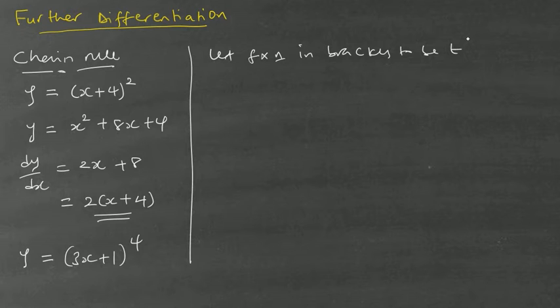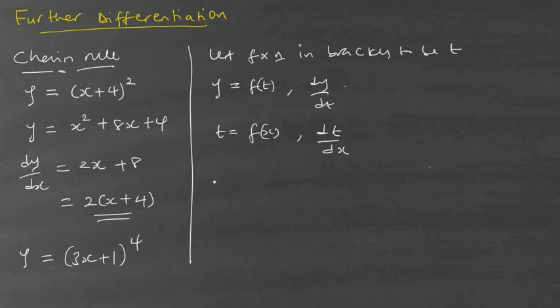Alright, so when you let it be t, then it means your y will be a function of t, so it will give us dy/dt. And then your t will be a function of x. Remember, what is in the bracket is a function of x, and this will give us dt/dx using the method of differentiation that we learned about.